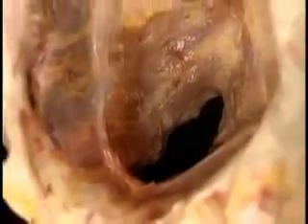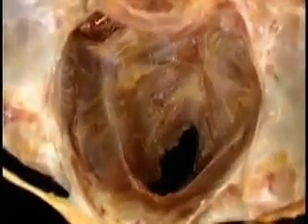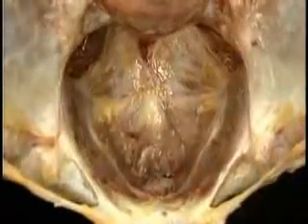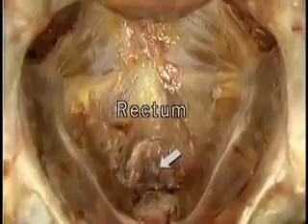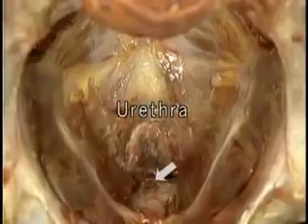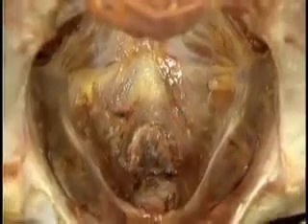We'll add the urethra and the rectum to the picture. Here's the lowest part of the rectum. Here's the urethra, with the lowest part of the prostate in front of it. We'll see these structures in Volume 5 of this atlas.